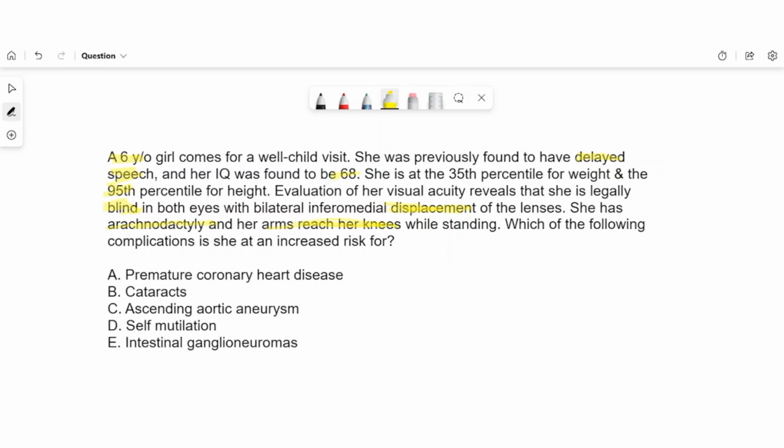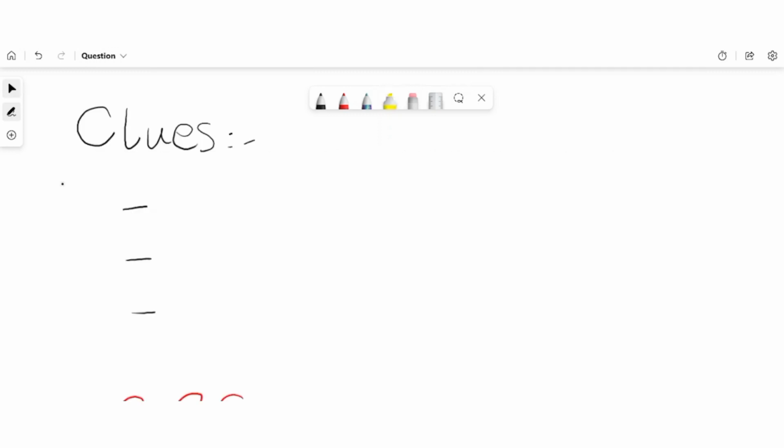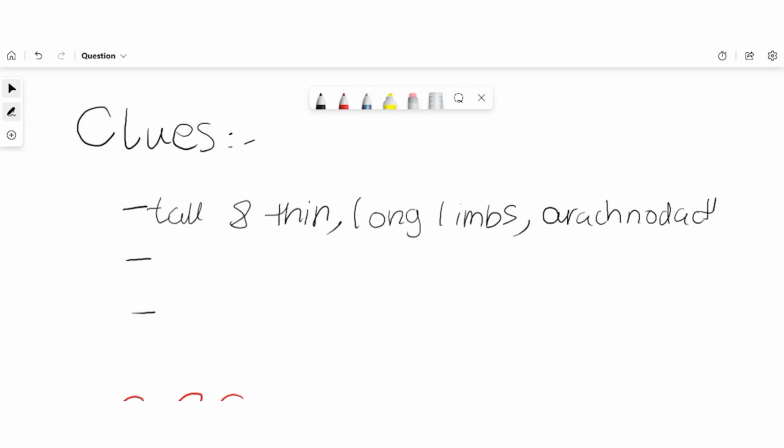So let's go through and take a look at what our clues are for this question. So our first set of clues are regarding the stature or the habitus of this patient. So first off, this patient is tall and thin. This patient has long limbs and arachnodactyly. These three things together are what is known as marfanoid habitus.